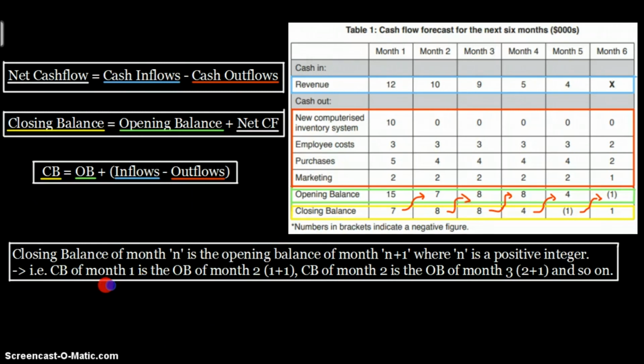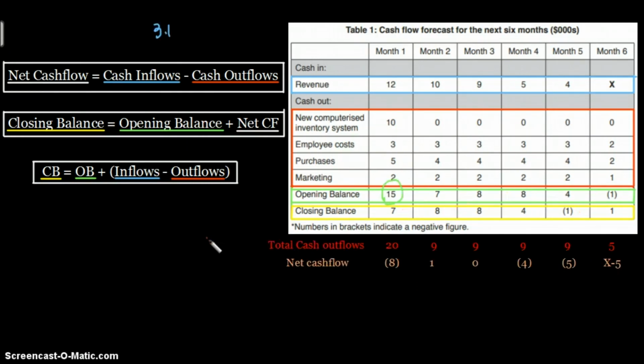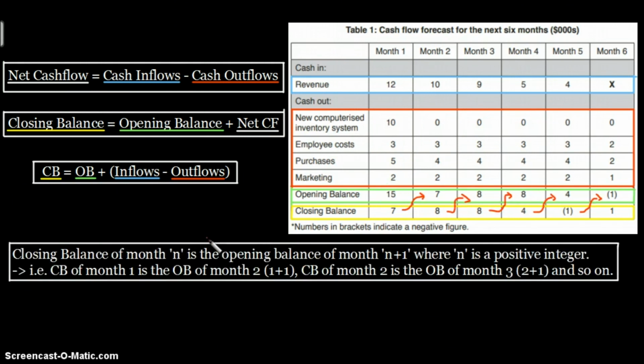As I said over here, the closing balance of month 1 is the opening balance of month 2, which is 1 plus 1. The closing balance of month 2 is the opening balance of month 3, that is 2 plus 1. So n was 2 over here, that's how we got 2 plus 1, 3. That's the general idea you need to know: the closing balance of month 1 is the opening balance of month 2. With both of these formulas and this part over here, you can calculate your x value, and you can calculate any missing information.